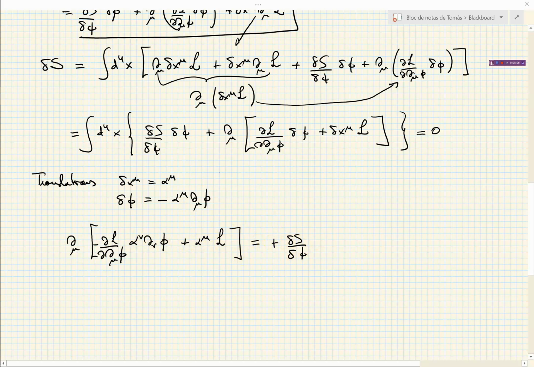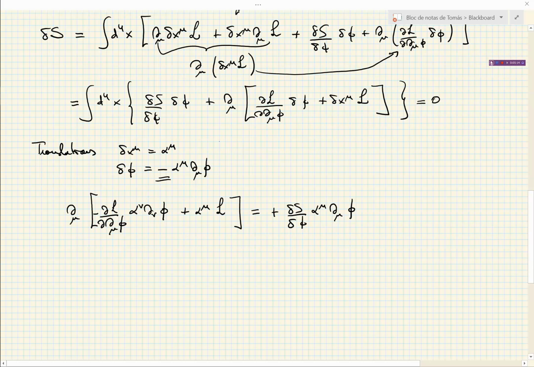So now it's a plus because of this minus here, α^ν ∂_νφ. We can take a common factor α^ν in this equation, because alpha is constant and can come out of all this.